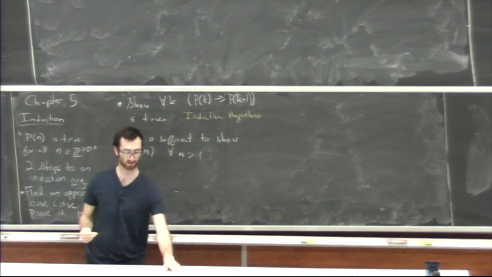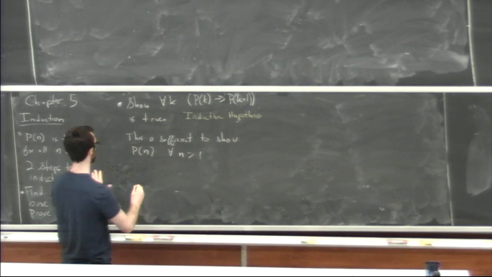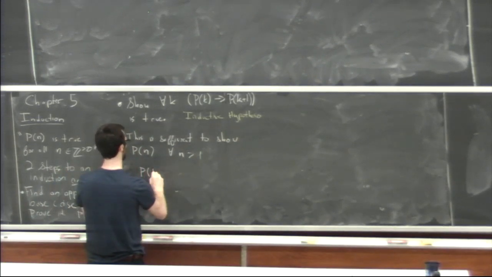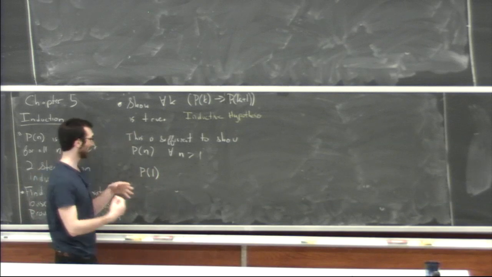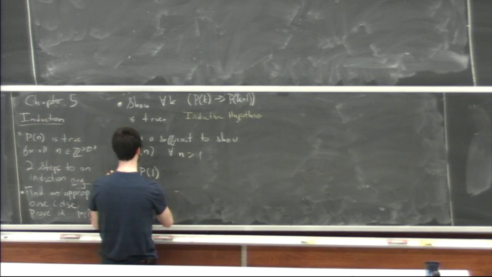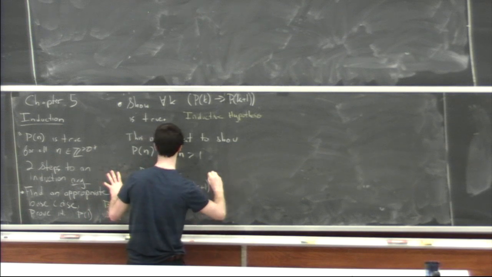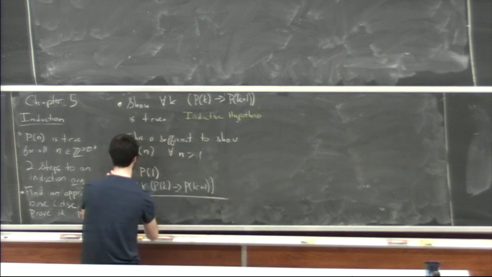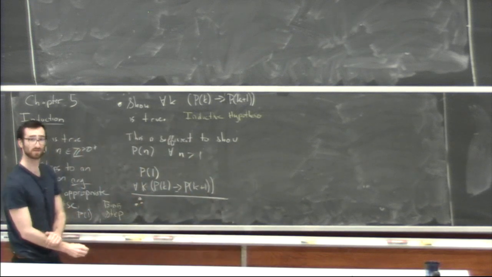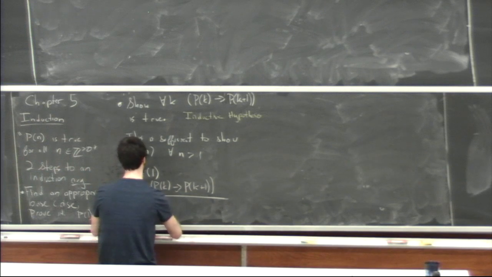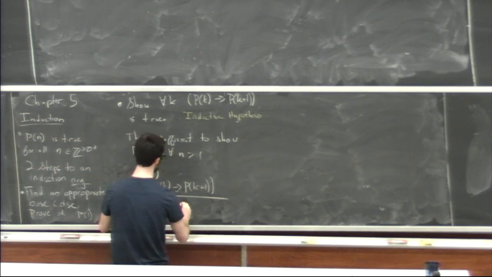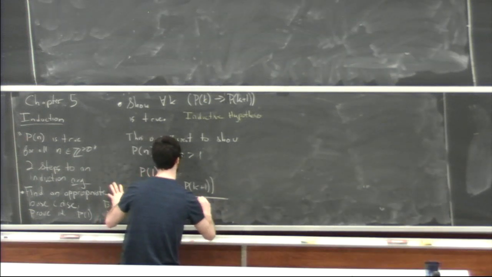If I wanted to write this out as a formal argument, I would write: if I have the statement P(1), and if I have the statement that for all k, P(k) implies P(k+1), I can conclude from this argument that for all n greater than 0 in Z, I have P(n).